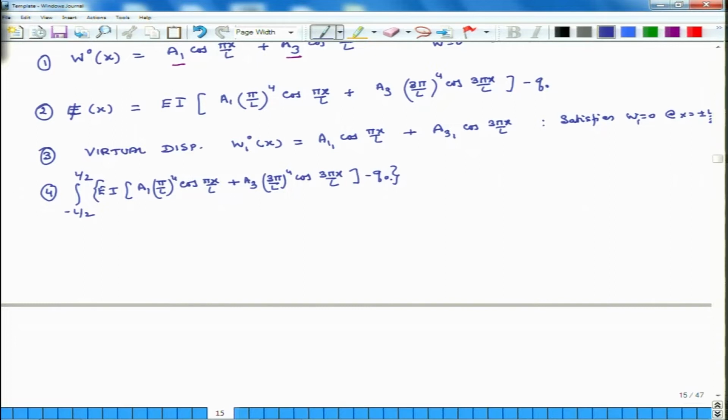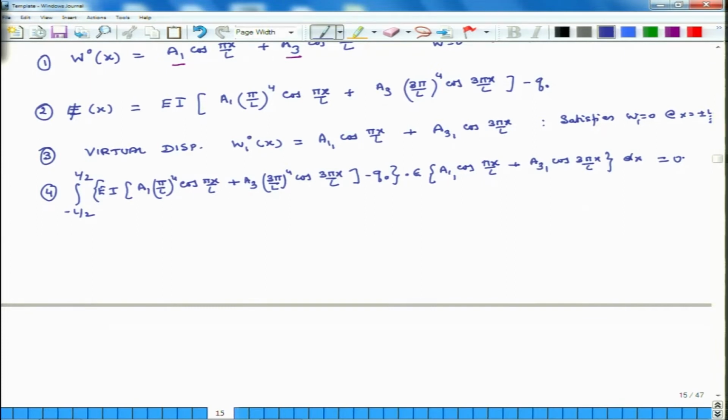This is the error, times a parameter of smallness, which is epsilon, times the virtual displacement field A11 cosine pi x over L plus A31 cosine 3 pi x over L, dx, and this is the overall virtual work.